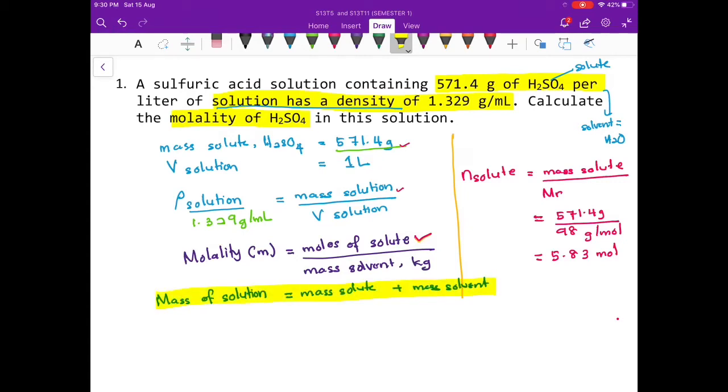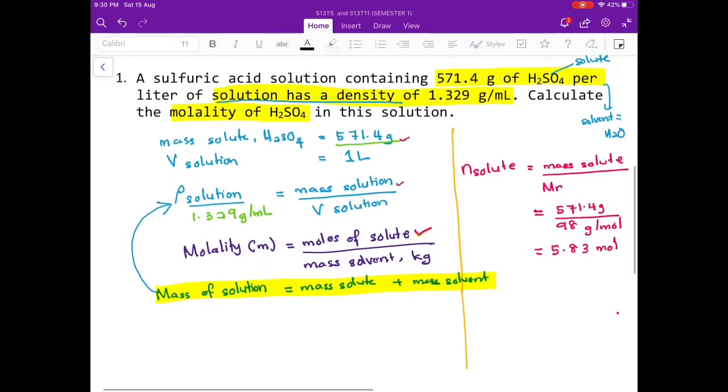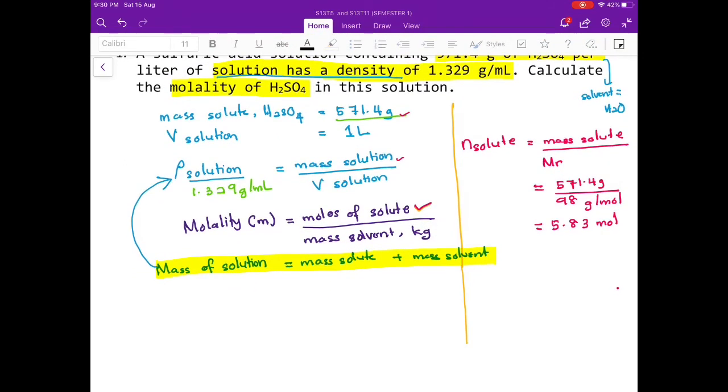This is another formula that you have to remember. Do you have the mass of the solute? Yes, 571.4. You can determine the mass of the solution based on the density, since this formula is related to the mass of the solution. So I will solve the problem here.